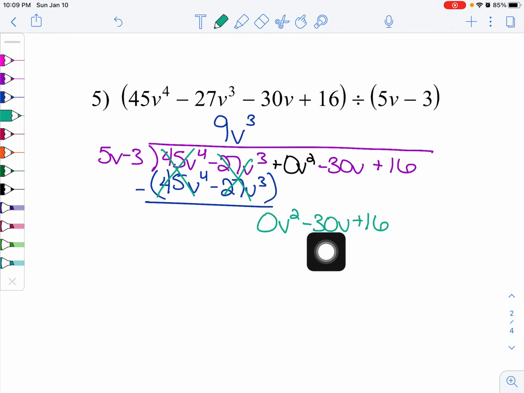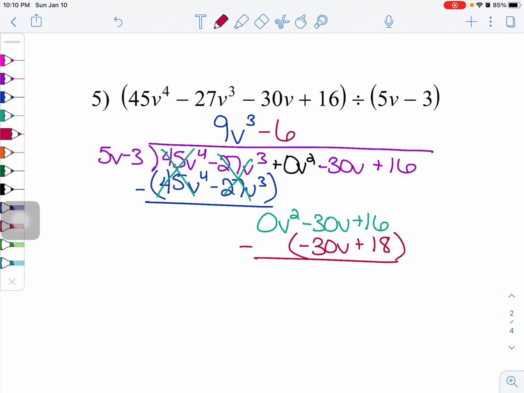So 5v divided into negative 30v would be, what would that be? Negative 6? Yes. All right, so let's stack it up. Negative 6 times 5v is going to be negative 30v. Negative 6 times negative 3 is going to be positive 18. And I'm going to subtract those.